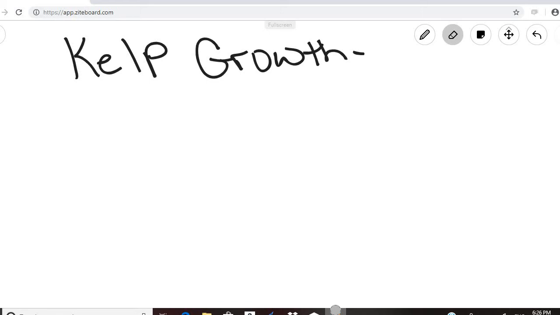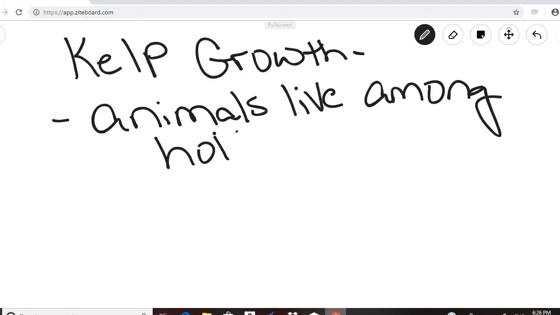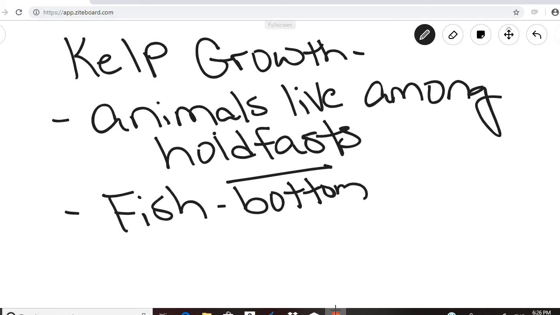There are animals that live among the holdfasts. So you'll get different types of animals that will seek shelter and live among the holdfasts. Fish will live along the bottom of a kelp forest, and so they'll live along the bottom or they will live among the blades.